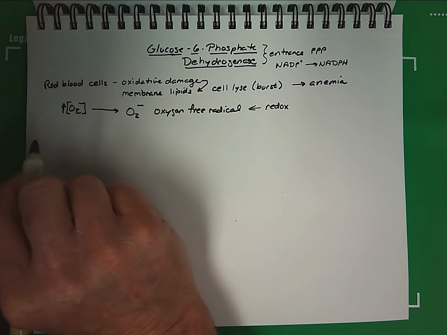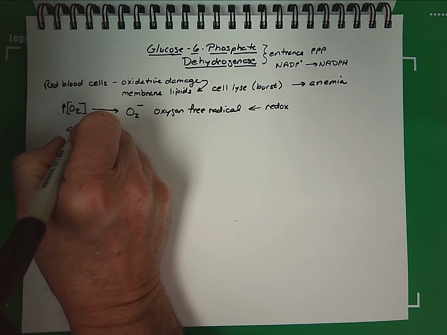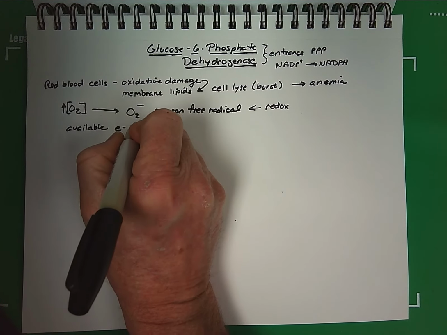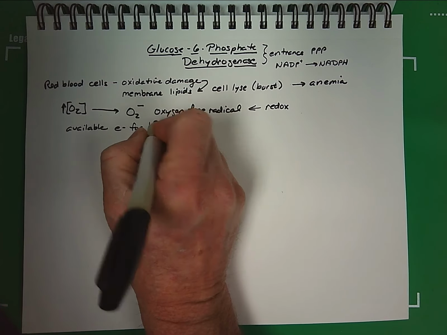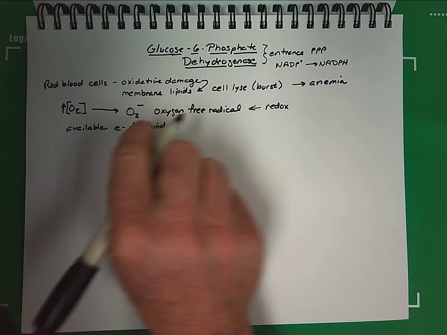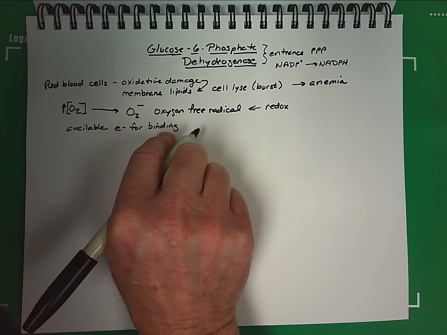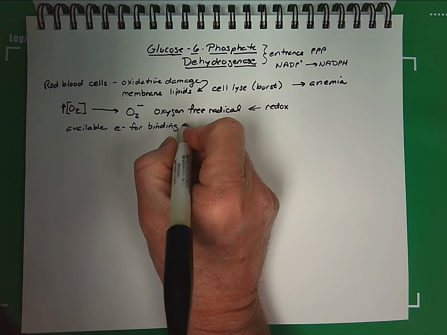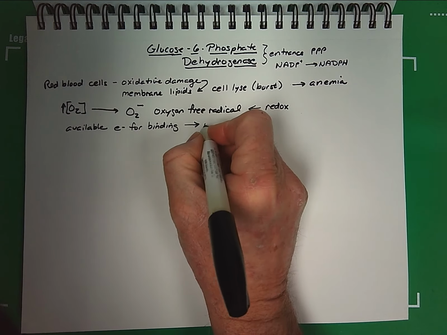The problem with this is that we have an available electron for binding. And so these free radicals can bind to a lot of different compounds. They can bind to proteins, carbohydrates, and lipids.